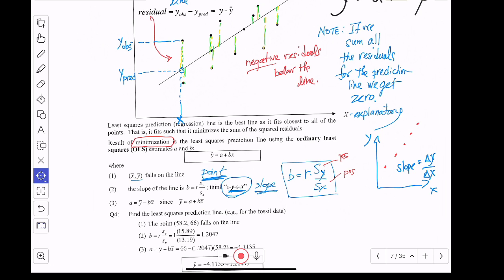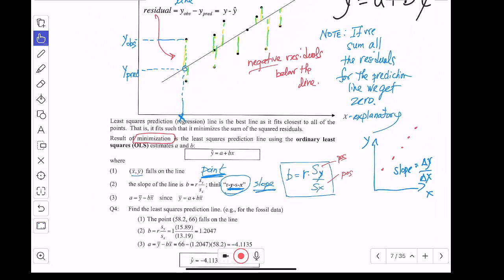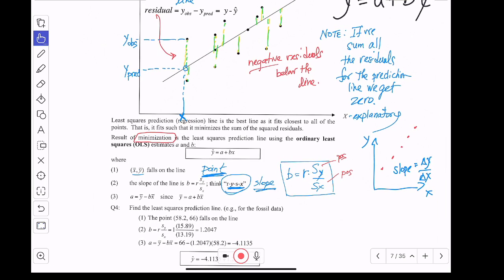I will still interpret this result as the change in Y over change in X. So let's make the calculations, and then we'll make the interpretation before we go today. And then you watch the videos to see more details. Okay, so this is just a result that we're going to use.